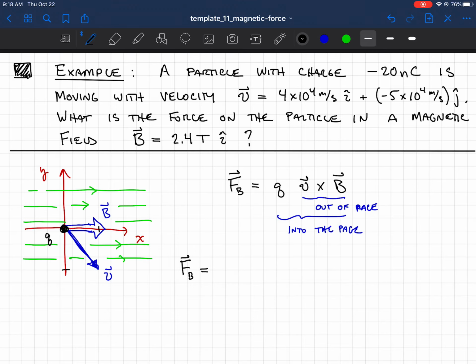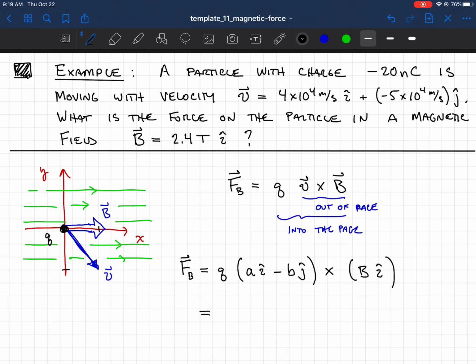So we have F_B equals q times v, which I'll just write as a i hat minus b j hat, so I don't have to write out those numbers. And then we cross that together with the B direction, and the B direction is magnitude B i hat. So I'm treating a as 4 times 10 to the 4th meters per second, b as 5 times 10 to the 4th meters per second.